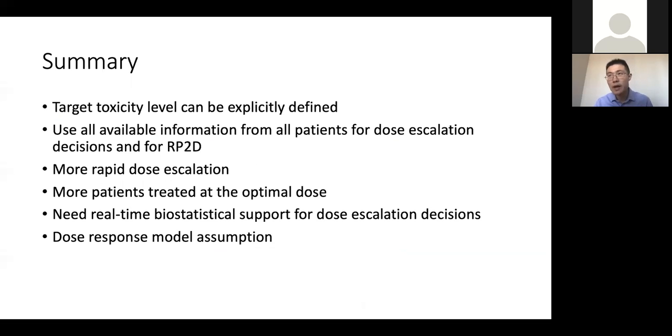And because we have assumed those response models, it allows more rapid dose escalation. You can see from the trial example, it goes from the lowest dose to our targeted dose fairly quickly. And more patients will be treated at the optimal dose compared to 3+3.